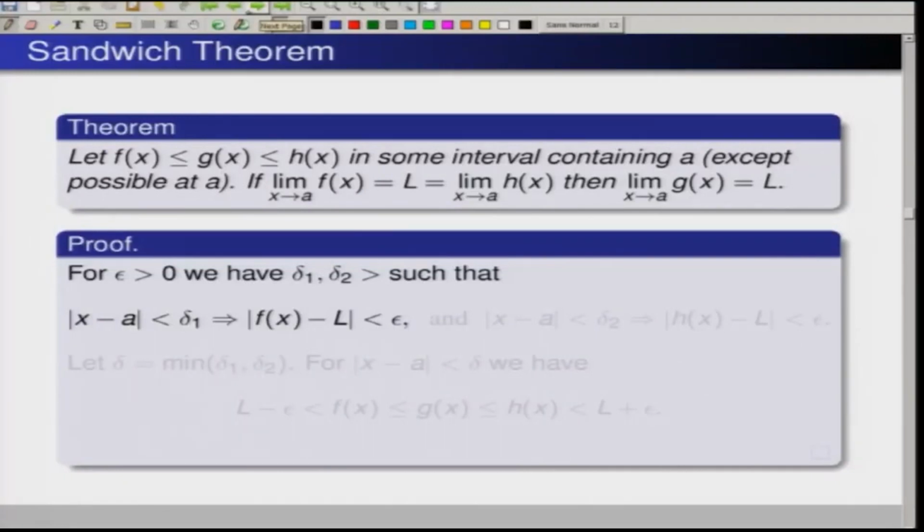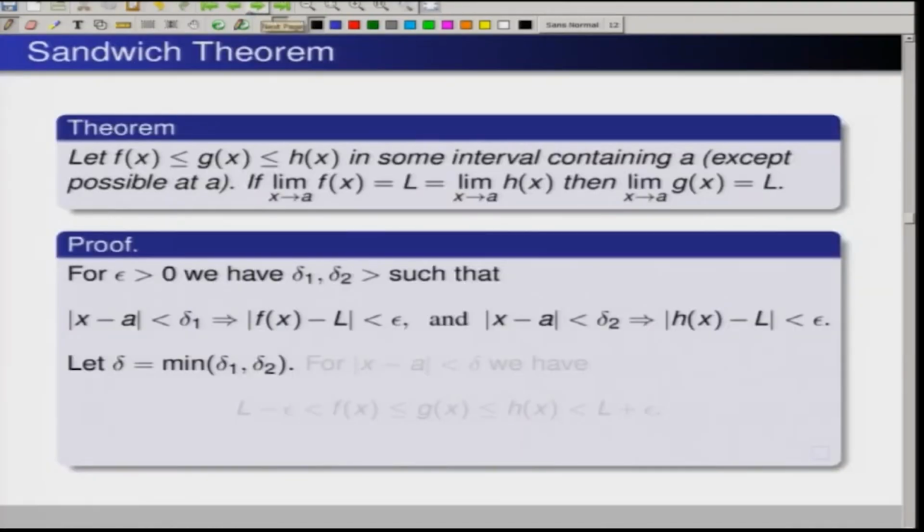Now, the proof is that you take epsilon positive, and then you have delta 1 and delta 2 greater than 0, such that |x - a| < delta 1 implies |f(x) - L| < epsilon. Similarly, for h you get delta 2 such that |h(x) - L| < epsilon.